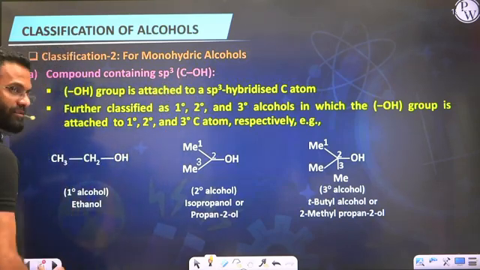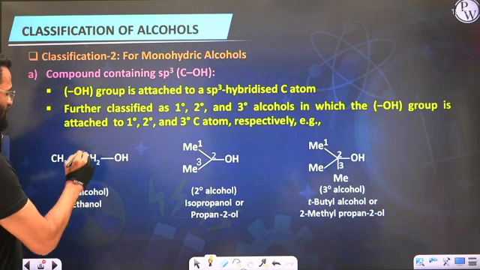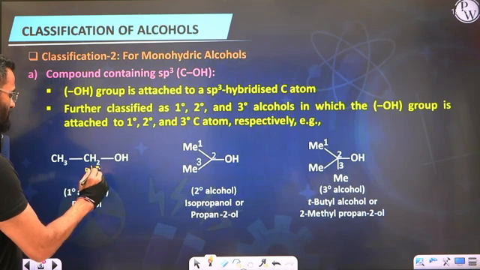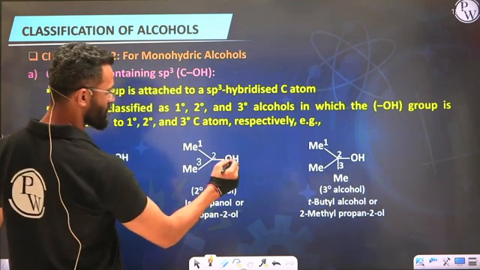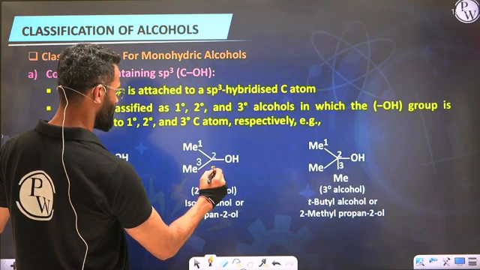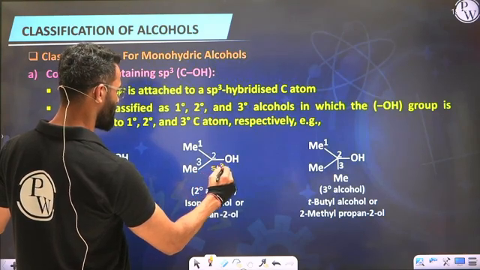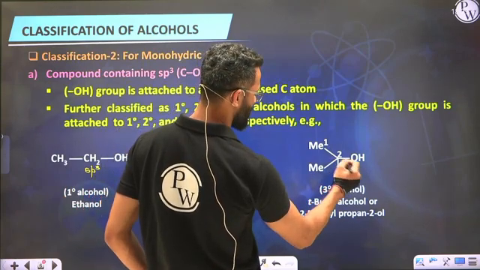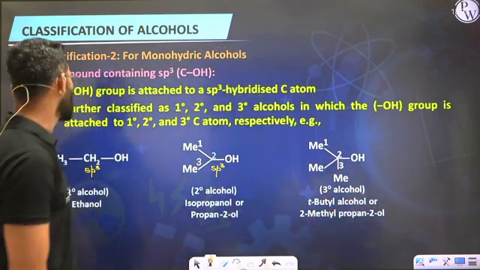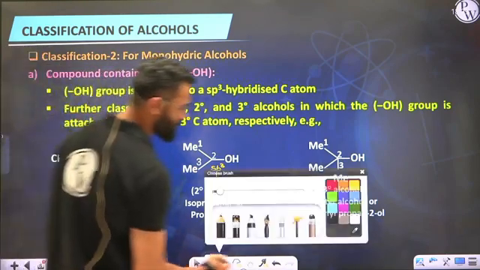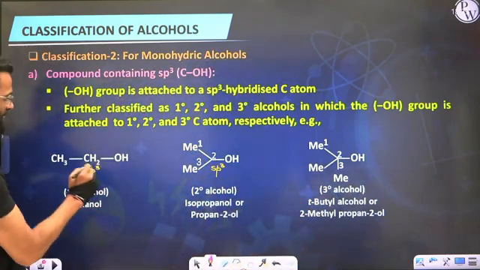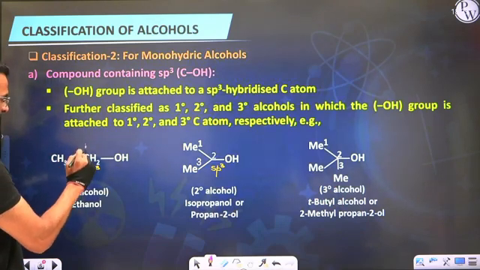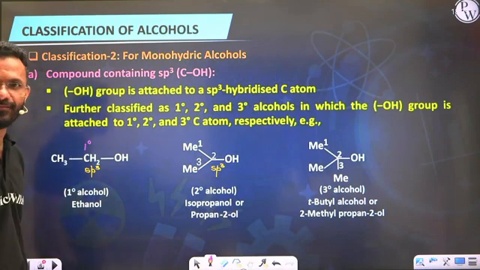For example, here OH is connected to sp3 hybridized carbon atom. You can see here OH is again connected to sp3 hybridized carbon atom. Here also OH is connected to sp3 hybridized carbon atom. However, in the first case OH is connected to sp3 hybridized carbon which is directly connected to one other carbon, so the degree of this carbon atom is primary.